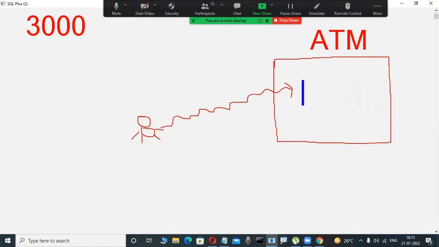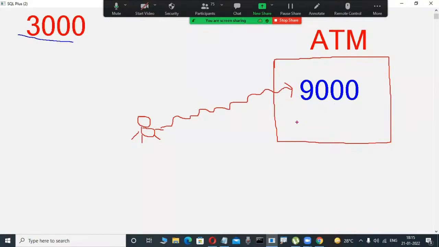After inserting the ATM card, it asks me to enter the amount. Unfortunately, I mentally decided to withdraw 9,000 rupees. Now as I try to withdraw 9,000 rupees, will I get 9,000 rupees? No. Here my balance is 3,000, so how can I get it? 9,000 rupees is impossible.